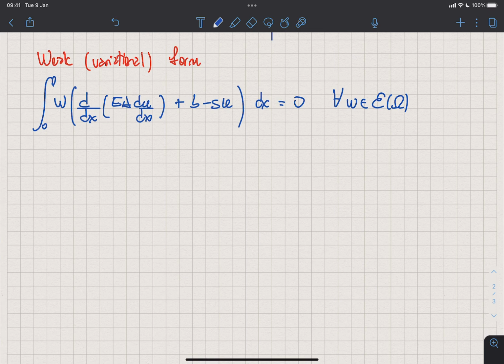That doesn't make any sense. So we're going to define our E to be all the functions for which this integral here is finite, and we're going to call that our energy space. Clear on that? Super, super easy.